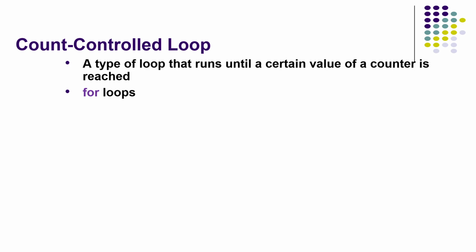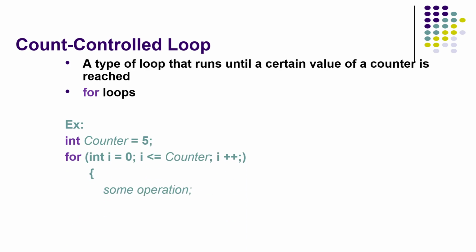So count controlled loops are basically for loops. And here's an example of a for loop. In this example, we see the counter, which, as I said, we'll set to 5, for example. This is going to be an integer, of course, because it's a whole number, so it's going to be 5. I set my count, my number of loops, to five, so it's going to loop 5 times, right?